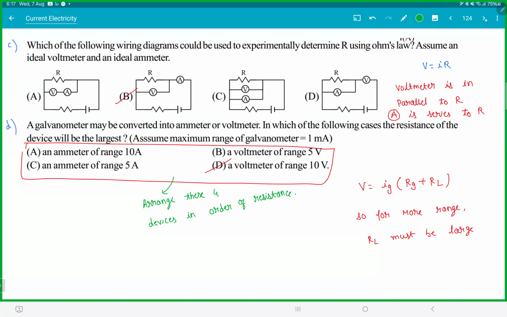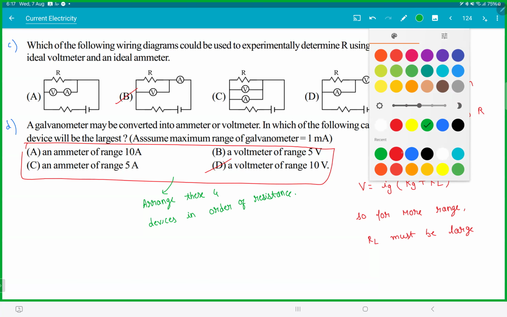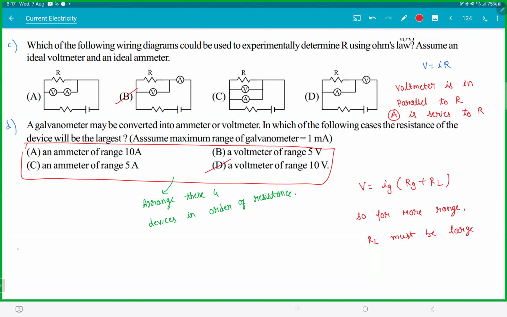D, B, C. Yes. Most of you did get it right. So again, the same logic there. For voltmeters, larger the range, larger the resistance.